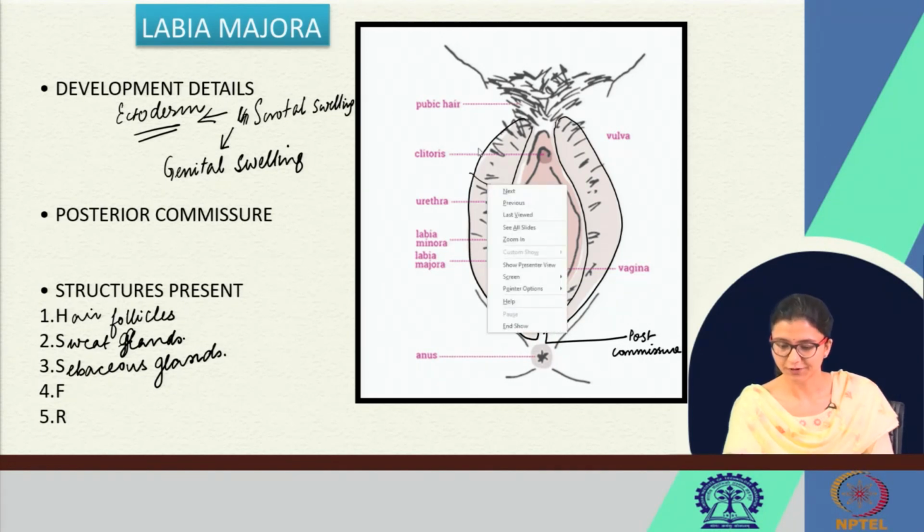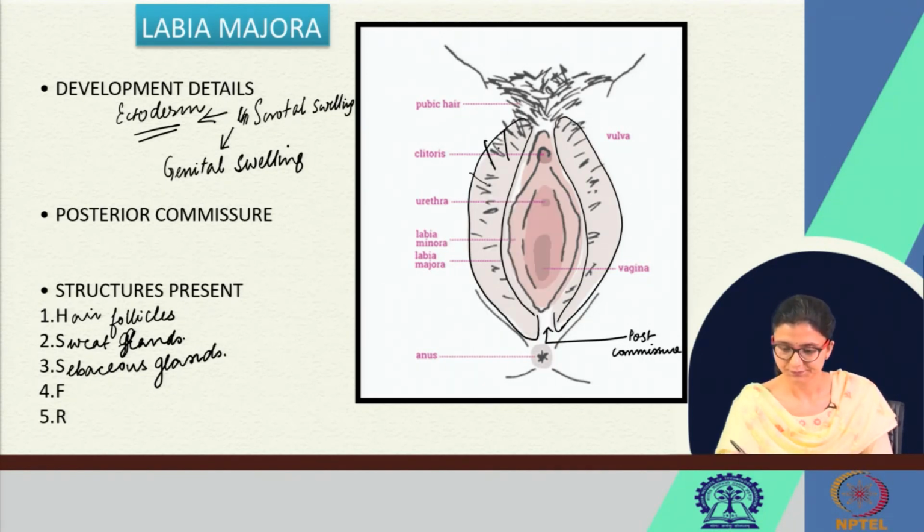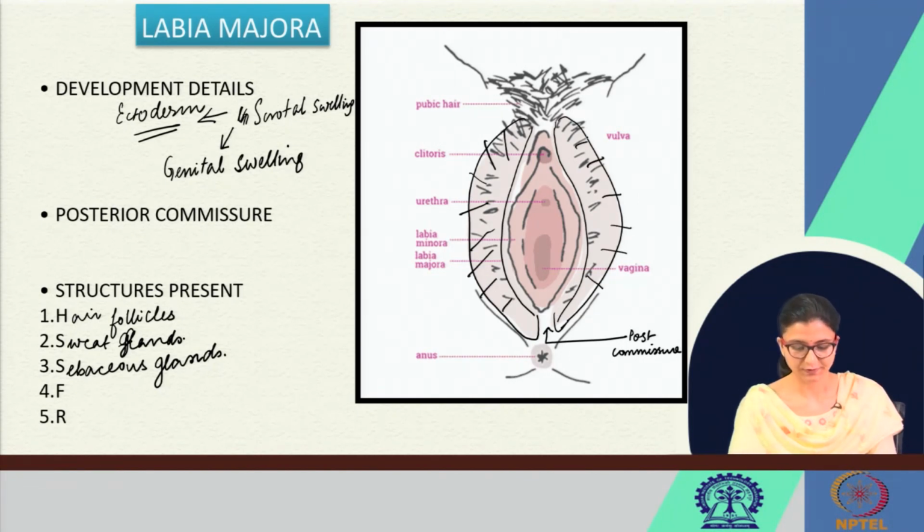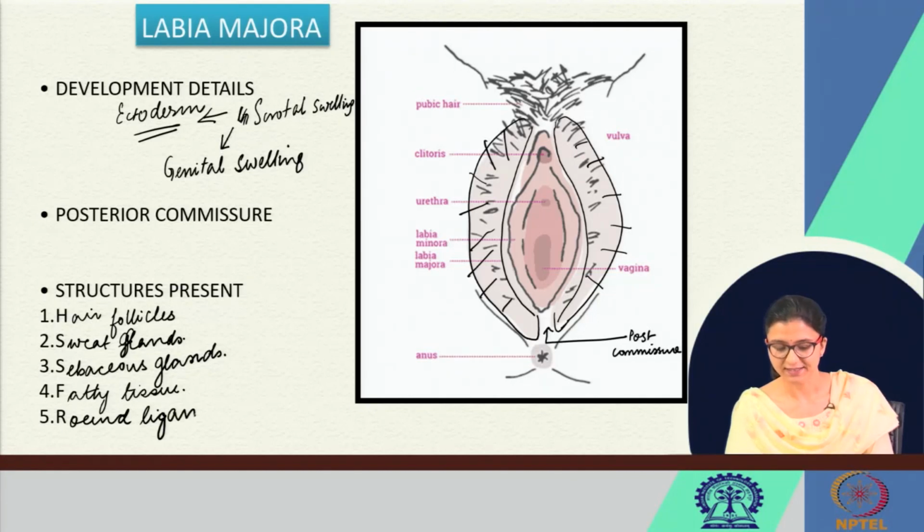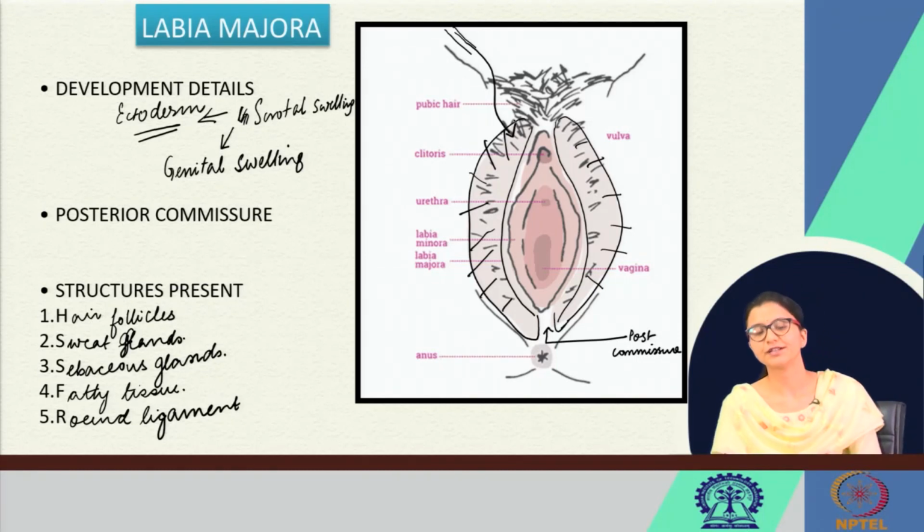There are many hair follicles. Fatty tissue, and it has an important structure, that is the round ligament which ends into the labia majora. Round ligament will be coming through the inguinal canal and it will end at the anterior end of labia majora. These are the structures within labia majora.